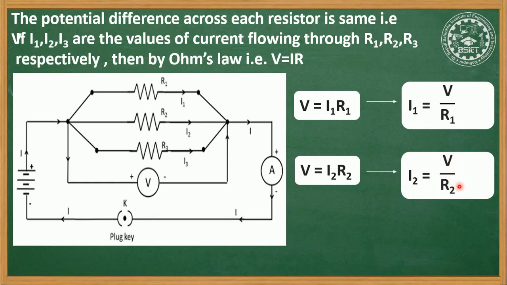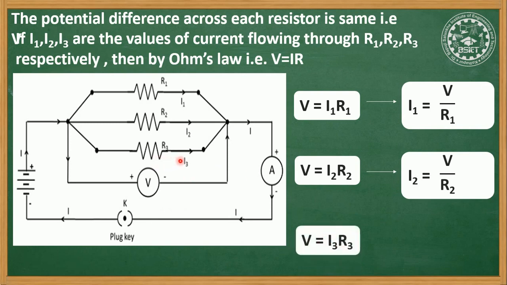Very simple according to Ohm's law. And last, the third resistor R3. What will be the potential difference across this R3 according to Ohm's law? Correct. V is equal to I3 R3.